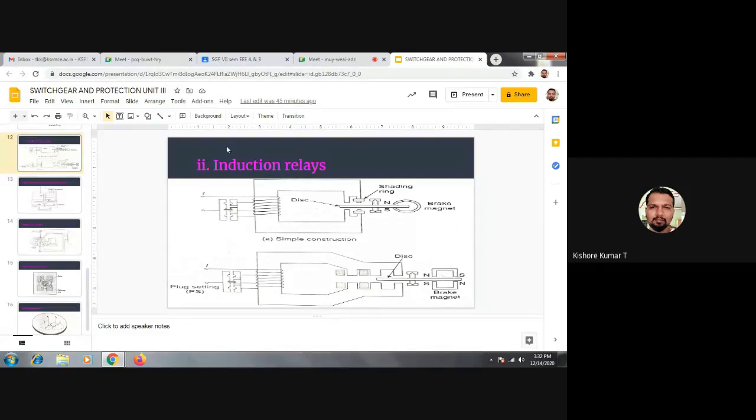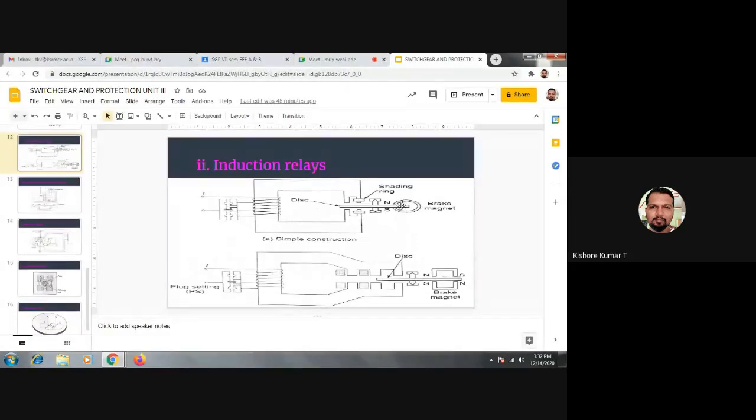So initially, let us imagine the current drawn by this relay coil is 0 at time t equal to 0. Now, after a certain time period, the relay coil carries some magnitude of current, due to which this core will get magnetized and it will induce EMF in the disk. Due to the torque developed, the disk tends to rotate.